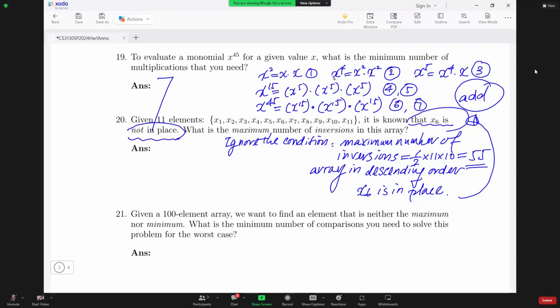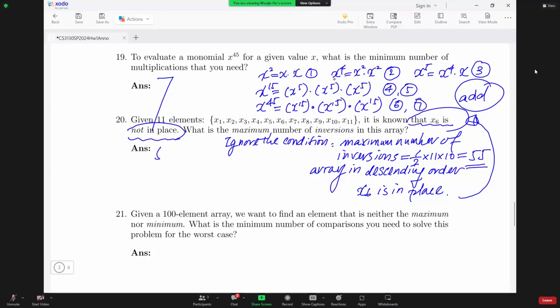If you do it in a wrong way, you may reduce many, not just 1. Here, we only want to reduce 1. You switch x6 with an adjacent element, so you do not change inversions in other places. You only change the inversion locally. With an adjacent one only, you make the smallest change.